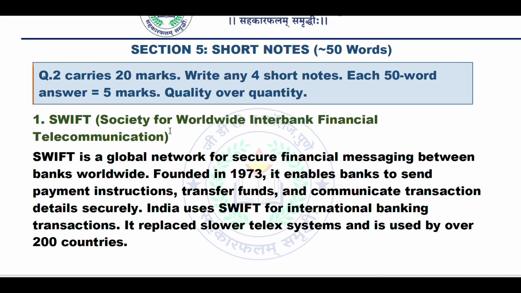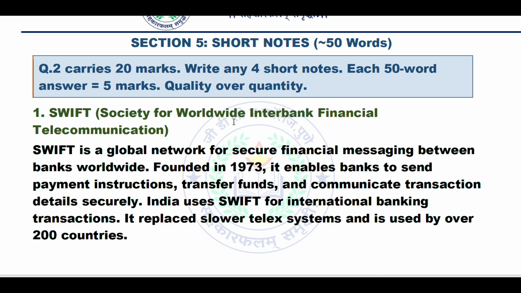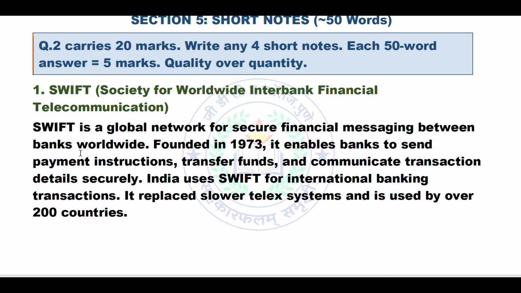Number 1, SWIFT, that is the Society for Worldwide Interbank Financial Telecommunication, which is called SWIFT. And the SWIFT code also: you might have seen on your passbook, there is a SWIFT code for every account holder in India, or bank we can say. That SWIFT code is used for international or foreign fund transfers.